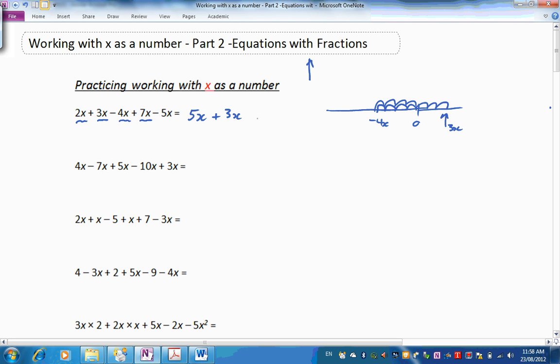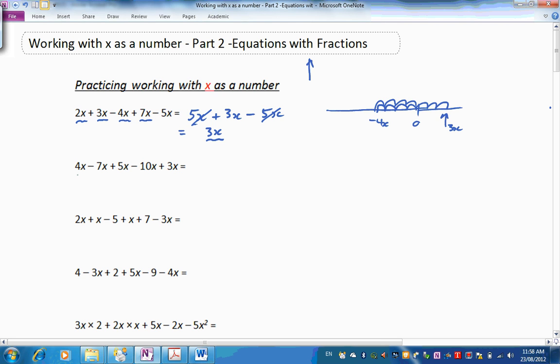We've done those next two, and then we have a take 5x on the end. So adding these up, 5x take 5x, there's no x's, and you're still left with the 3x there. There's a few different ways of combining these together, but that's one way of doing it. Okay, let's look at the next one.